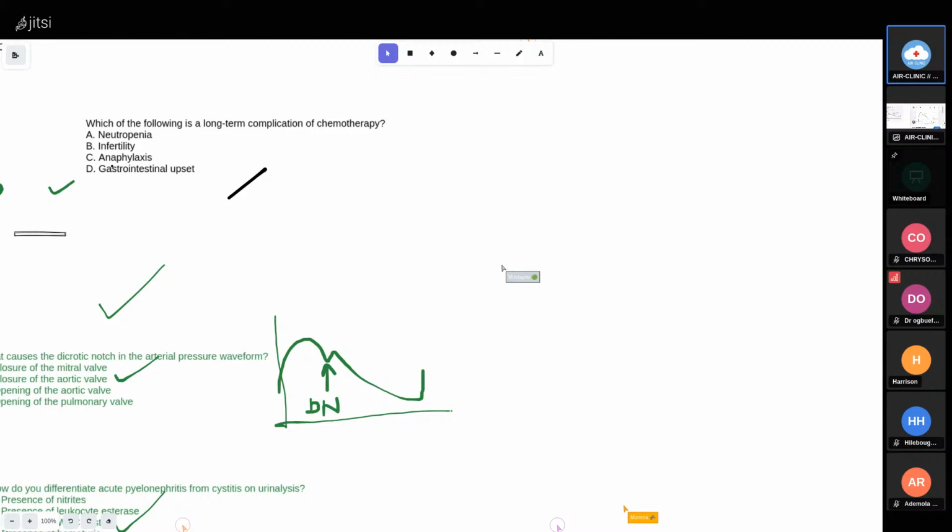But before it really becomes circumflex, it's going to first give off a branch called the left marginal artery.